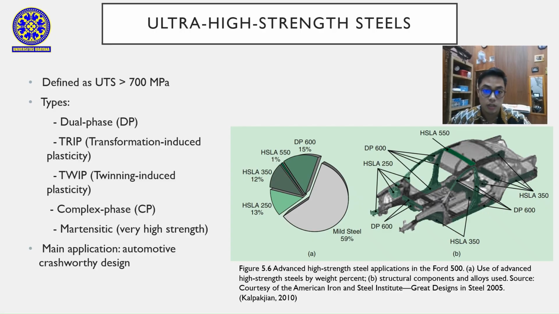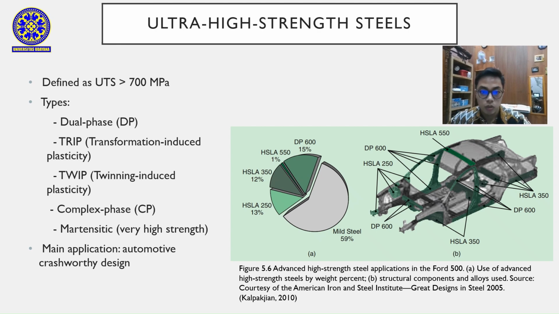Ultra-high strength steels are defined as steels with tensile strength above 700 megapascal. These include dual-phase, TRIP, TWIP, complex phase, and martensitic steels. Each type offers a balance of ductility and strength.